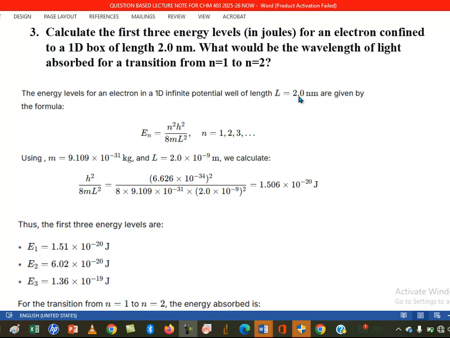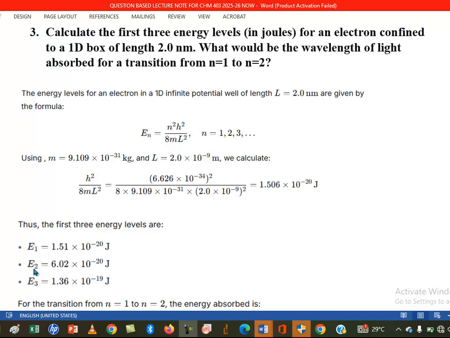It is because the length is in nanometers. Nano means 10 raised to the power minus 9. Wherever you see nano, that's 10 raised to the power minus 9 for nanometers. So that's why it is 2 times 10 raised to the power minus 9. Remember, it's squared, right? So that gives us overall 1.506 times 10 raised to the power minus 20 joules.